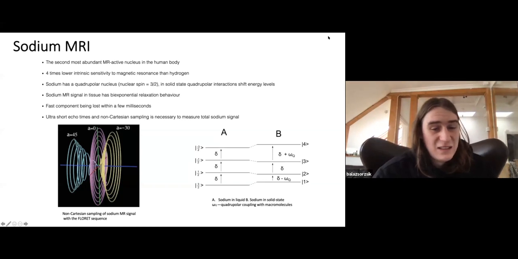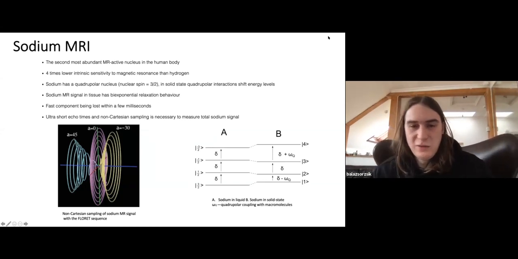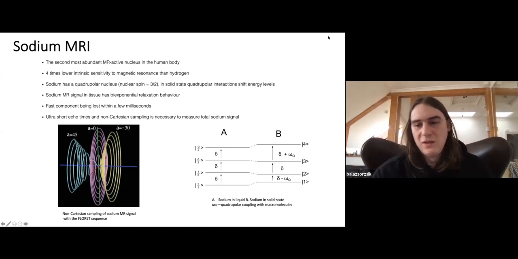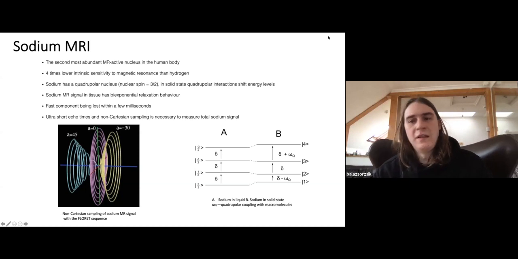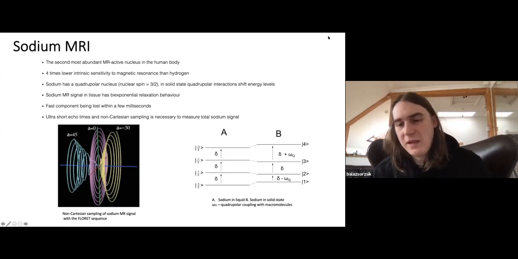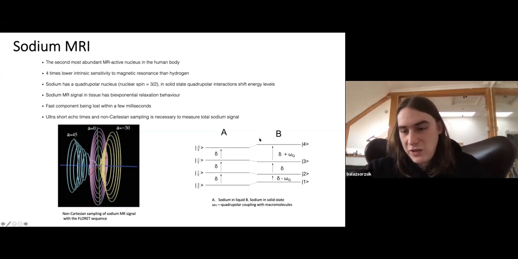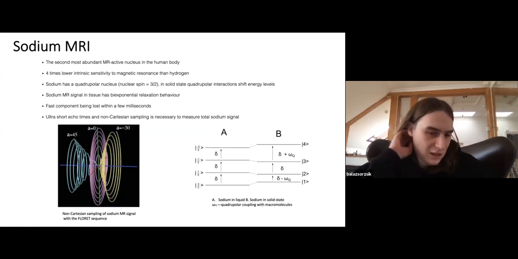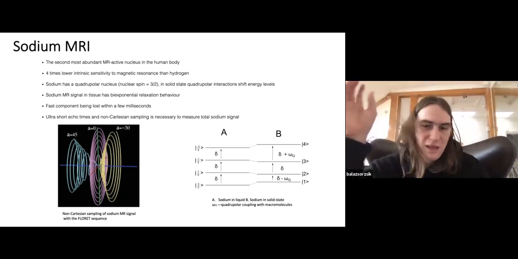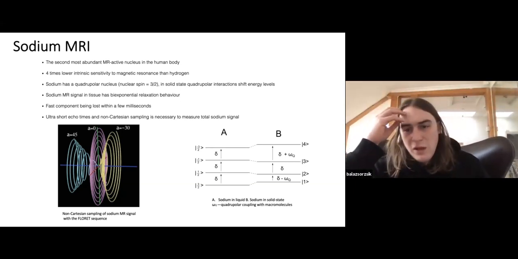It is a quadrupolar nucleus, and that leads to further complications because this nucleus behaves differently when it is in an isotropic environment, such as the CSF, and has different energy level shifts when it is in a macromolecule because of the interactions with the anionic negative groups.